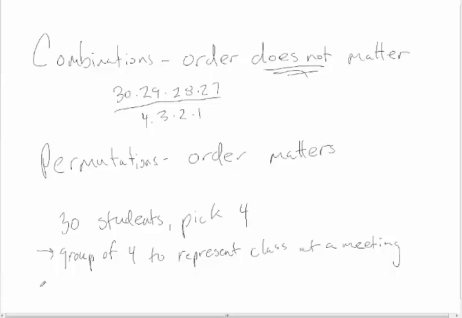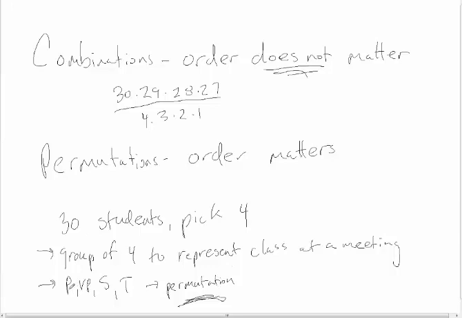If I wanted to take a group of 4 to be president, vice president, secretary, and treasurer of the class, this would be a permutation because the order of the students matters.